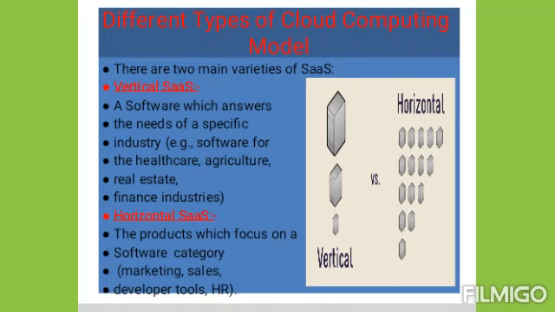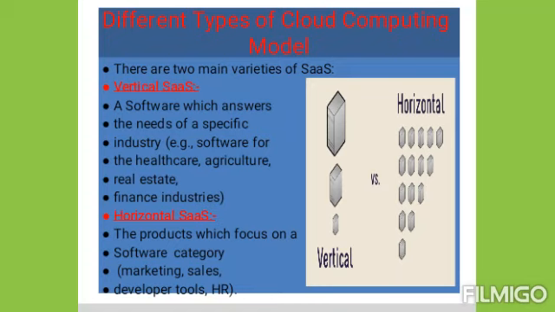Horizontal SaaS means a product which focuses on a software category, that is marketing, sales, developer tools, or HR-related software. That is known as the horizontal SaaS model.